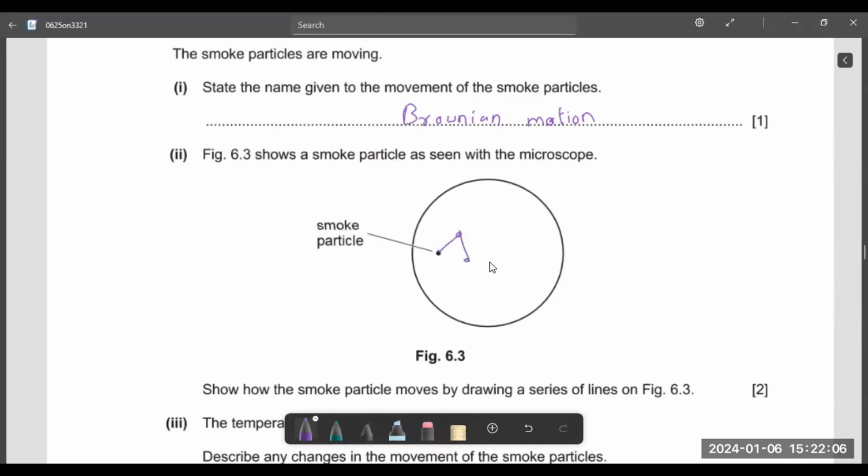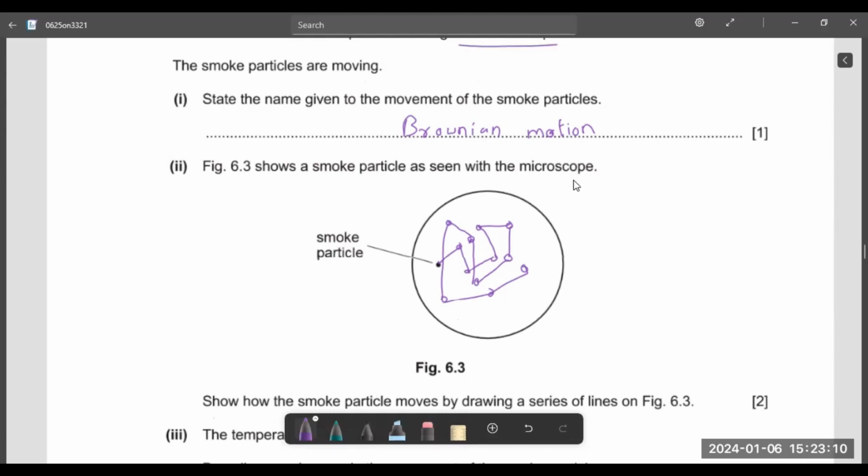So it will be moving, with sharp changes of direction, and the random motion can be observed.